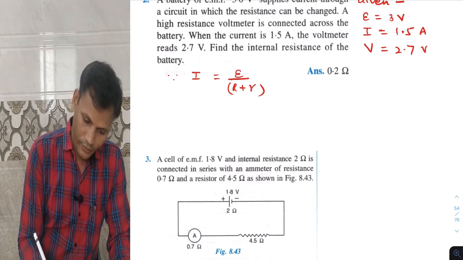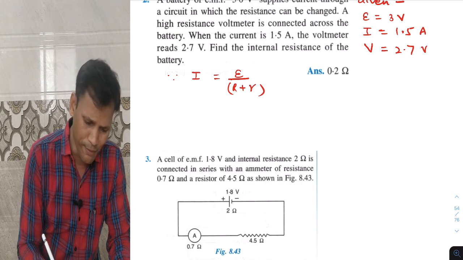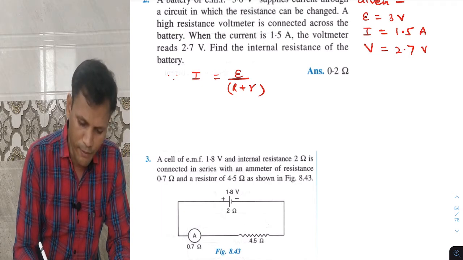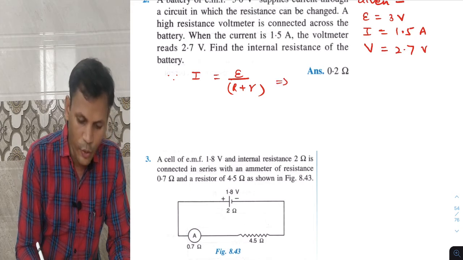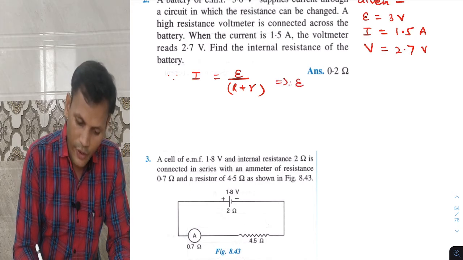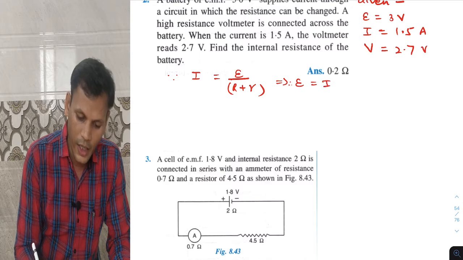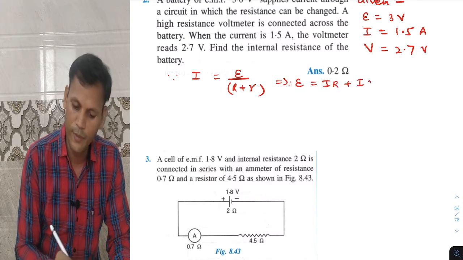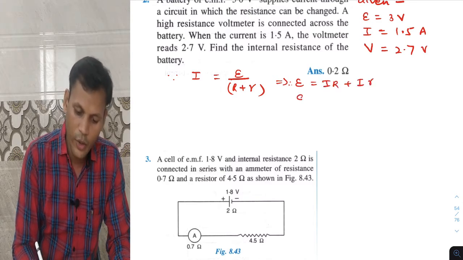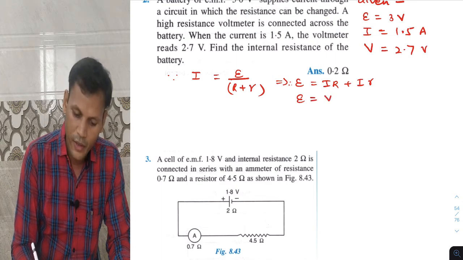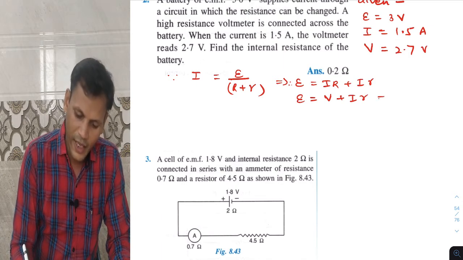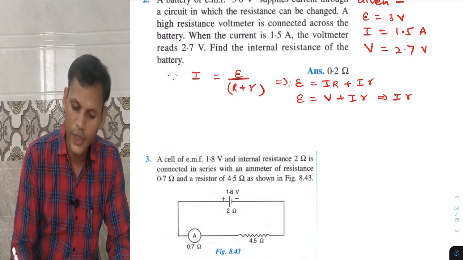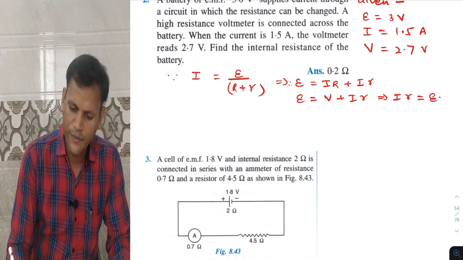I can write it by cross multiplication, I will make it simpler. E is equal to I R plus I into small r. Now I into R is V, which is already given to us, so we will get I into r is equal to E minus V.